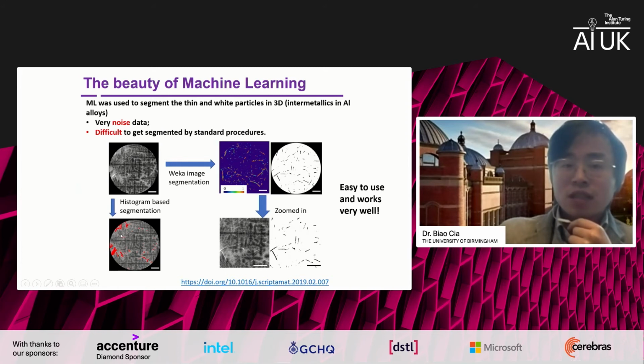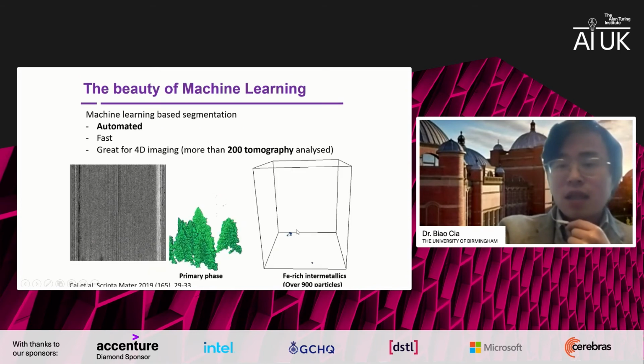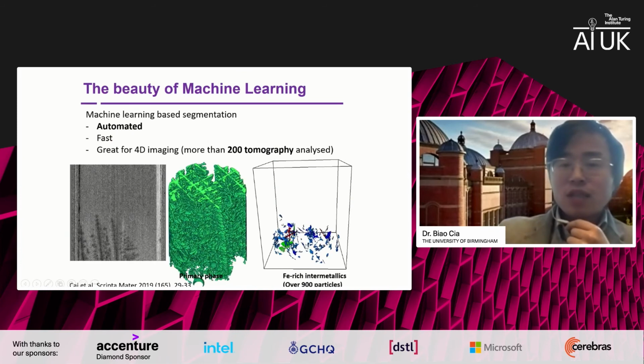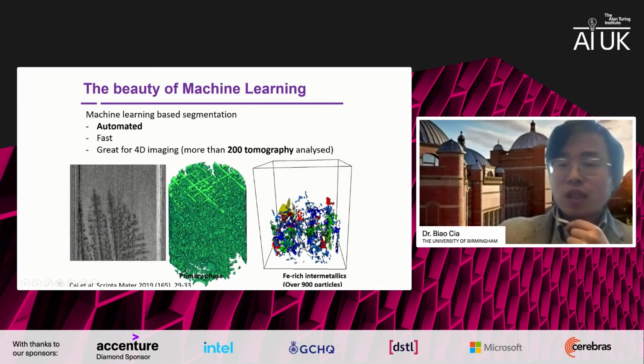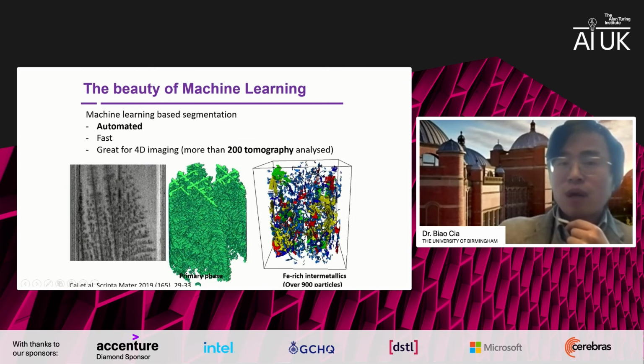As you can see, that's a significant difficulty here. But using machine learning-based algorithms, we are able to successfully segment those crystals. As you compare it from this image, it's actually doing very good work, and that allows us to visualize those plate-shaped crystals in 3D and to analyze the tomography really quickly.